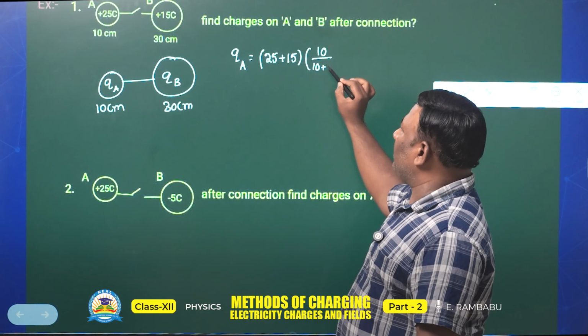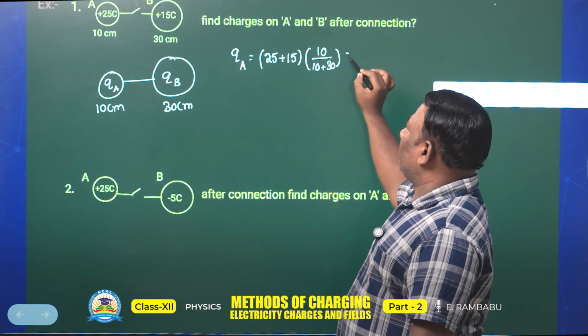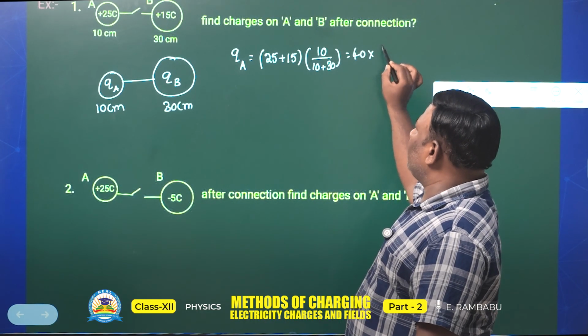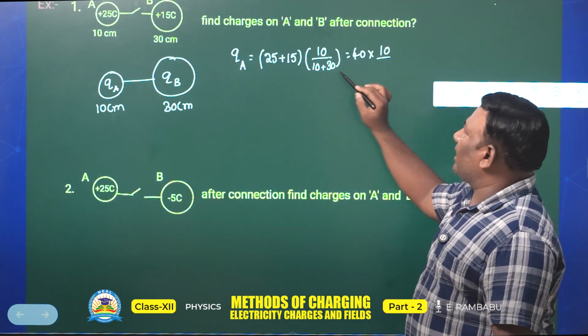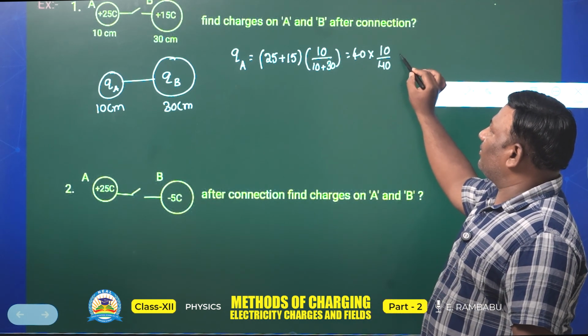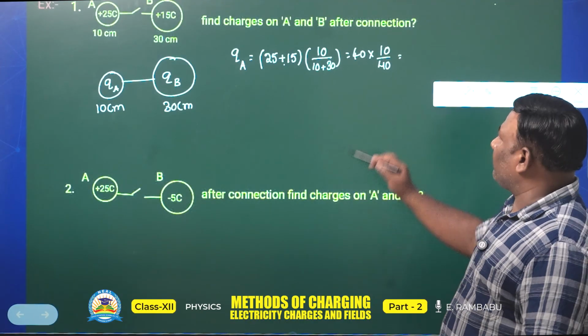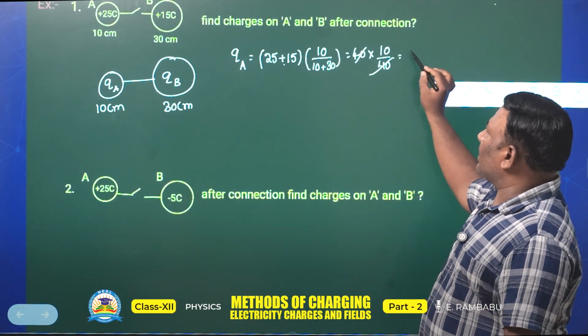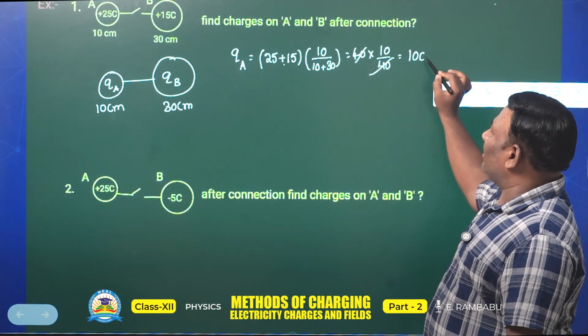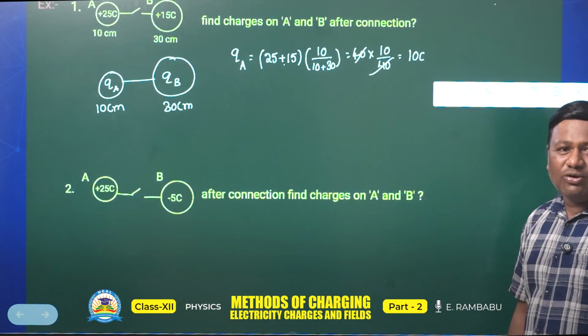Total radius is nothing but 10 plus 30. By solving this, 40 into 10 by 40. See here, numerator 40 into 10, divided by 10 plus 30, also 40. So 40 and 40 cancel. Here charge on body A is 10 coulomb only.